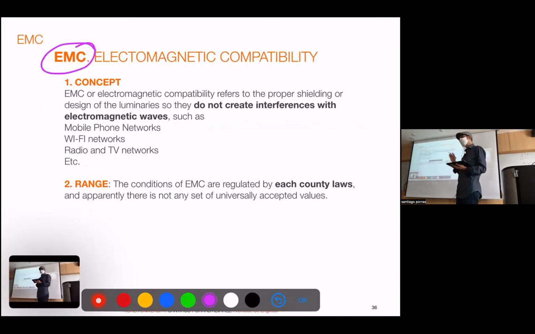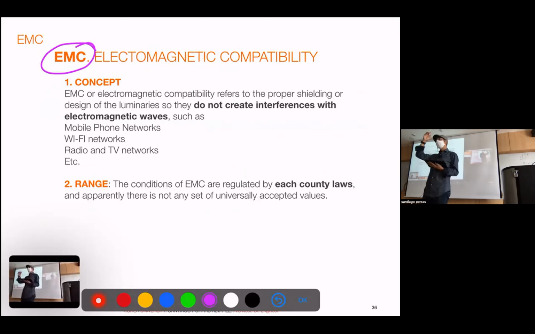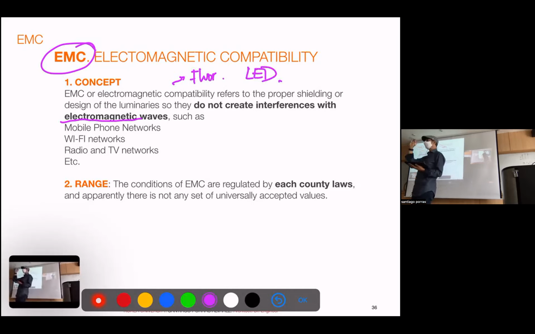Electromagnetic compatibility is something we commented on very fast with the acoustics. That happens with the electromagnetic light, right? So basically it is the problem of fluorescent and LED. Incandescent light and halogen work by incandescence, by high temperatures, the same as the stars and the sunshine.